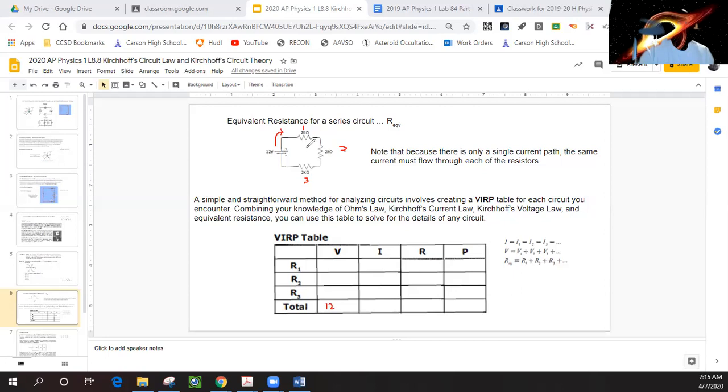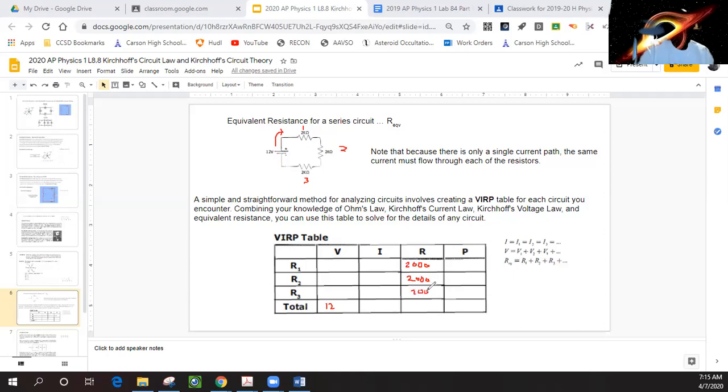Nothing about current yet, but we do have some information about resistors. Resistor 1 is 2,000 ohms, resistor 2 is also 2,000, and resistor 3 is also 2,000.